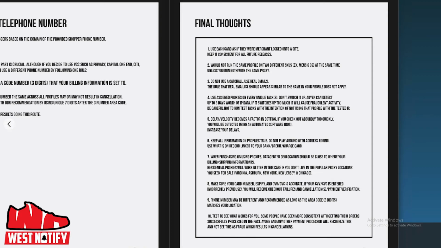I mentioned earlier, if I lived in Canada and used US proxies, I've had shipping work, so this rule doesn't apply too much. But if you want to play it safe and you live in these popular proxy locations, then match your profile with the proxy location and you should be good.